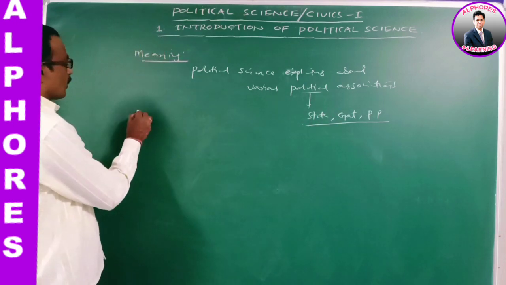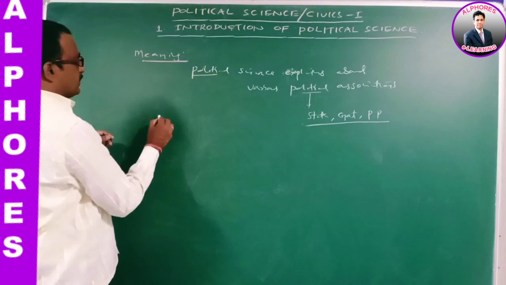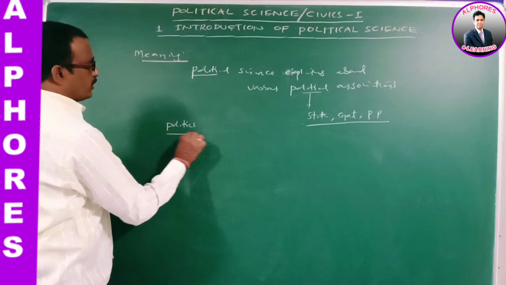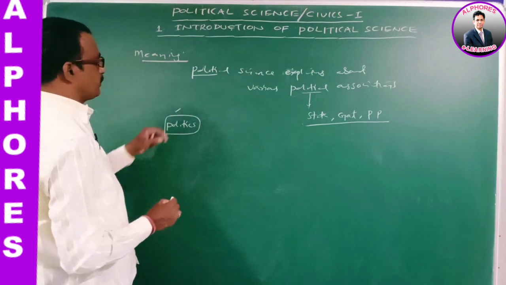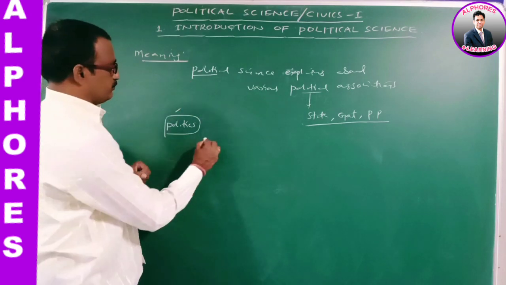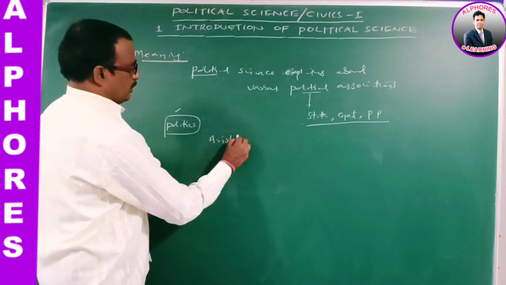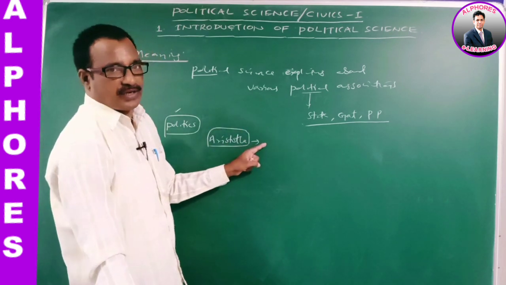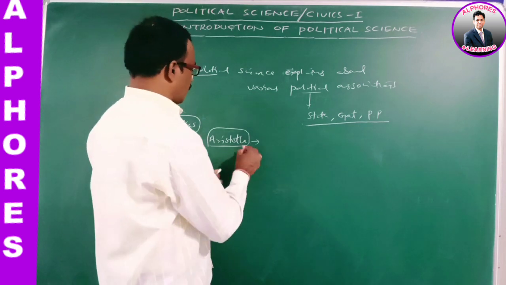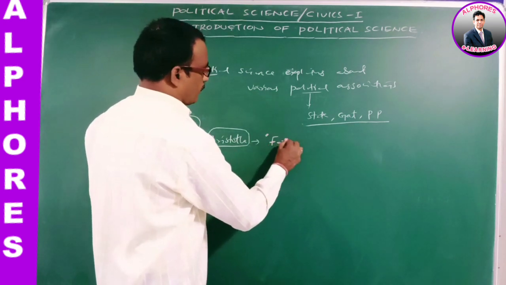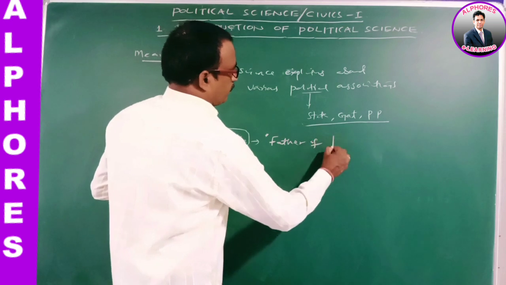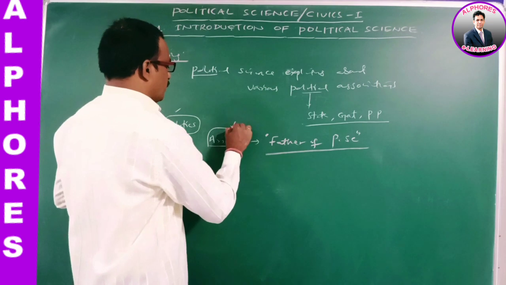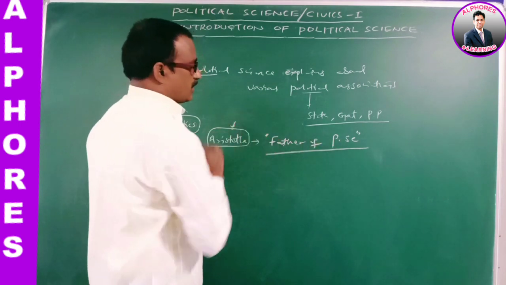Here, political science is also called as politics. So before going to explain about the politics, I am going to explain about the Aristotle. Who is Aristotle? Aristotle is regarded as a father of political science. Why he was called as a father of political science?